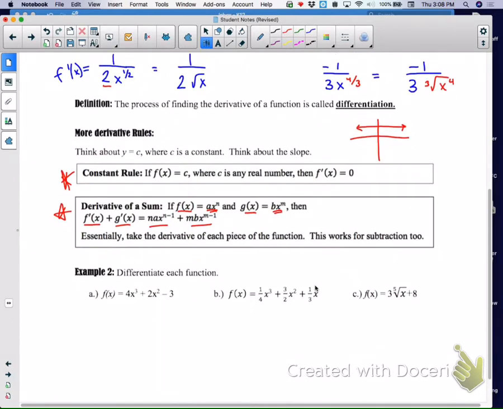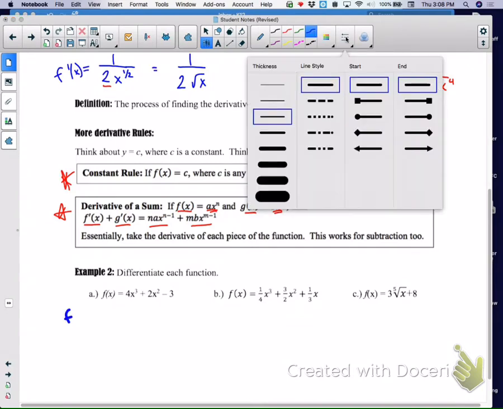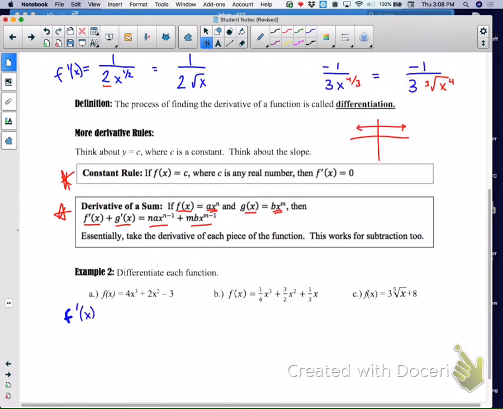So, A here, pretty straightforward. Take the derivative. So f prime of x. Okay. Now, that 3 is going to come down in front, and it's going to multiply times the 4 that's already there. Now, you can write 3 times 4 if you want to, but I'm going to eventually want you to write 12. So whatever you want to do, bring the power down, okay?